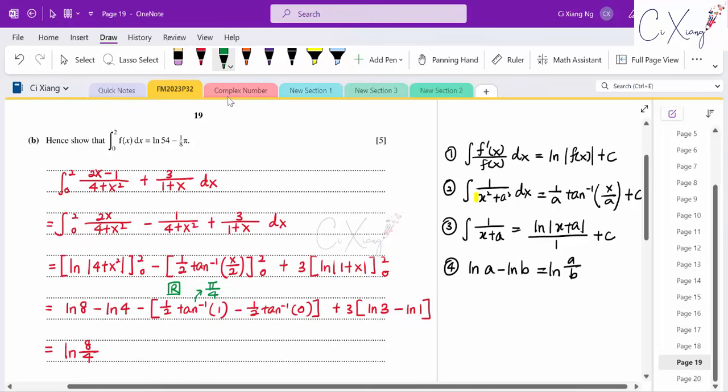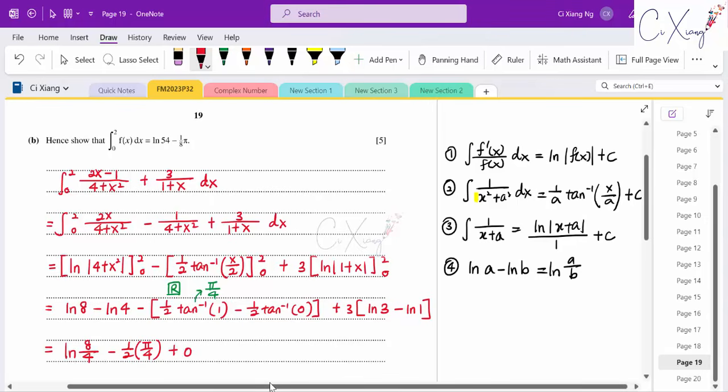For those using an MS calculator, maybe you have to draw the right angle triangle to help you get the value for tangent inverse 1, in radian units. So I will have minus half times pi over 4. For the value of tangent inverse 0, I get 0.